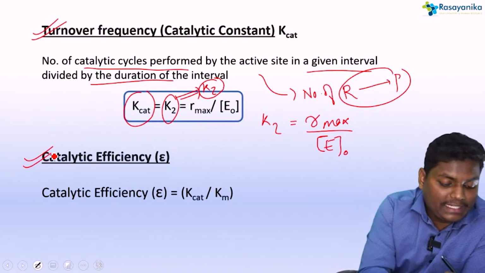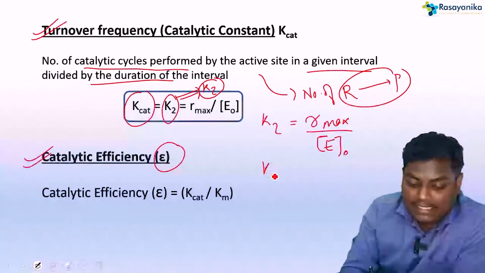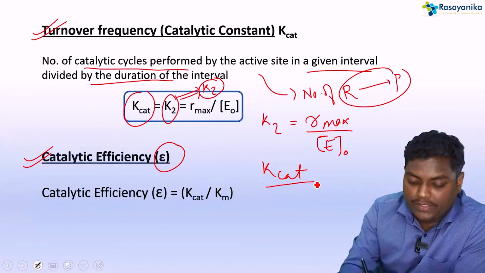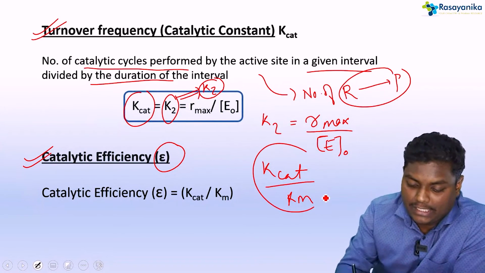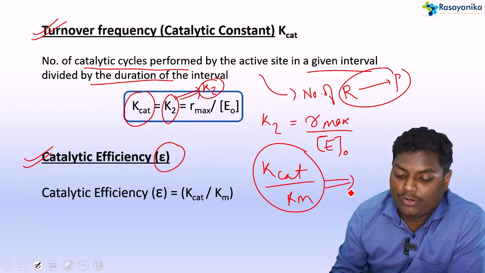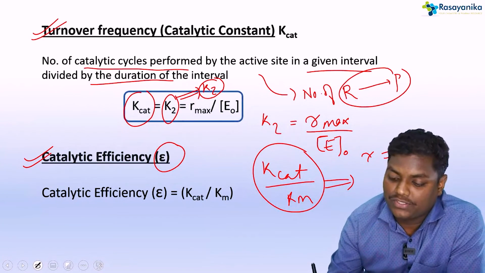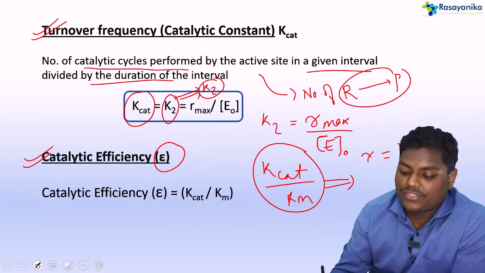Now moving to the catalytic efficiency, epsilon, it is given by the ratio of Kcat, which is the turnover frequency, divided by the Michaelis Menten constant. Now if you note this, this is the resultant rate constant for the rate when we have very low substrate concentration.